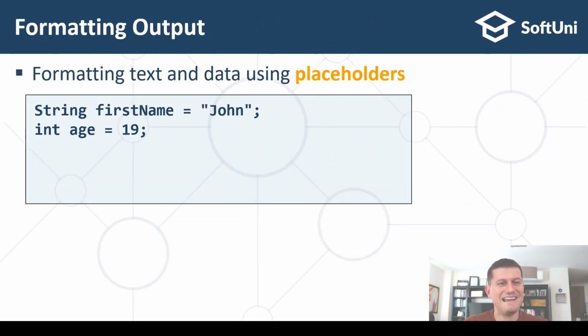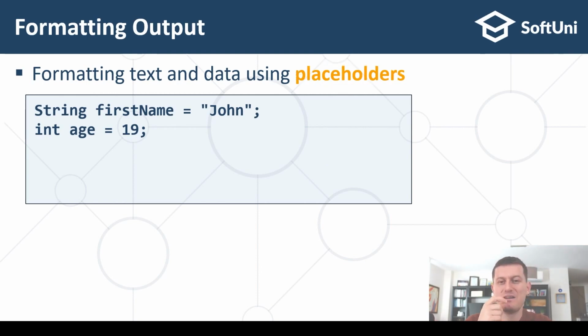Let's go ahead. How do we format output? It means that sometimes we need to print some data in a certain format. For example, I need to print the first name of the person and his email in brackets. This is called format. This is another example of how we can format text and data using so-called placeholders.